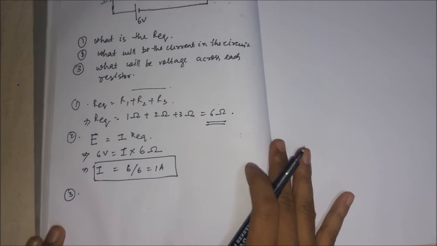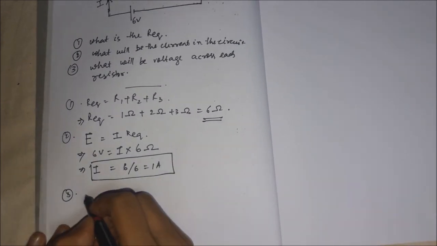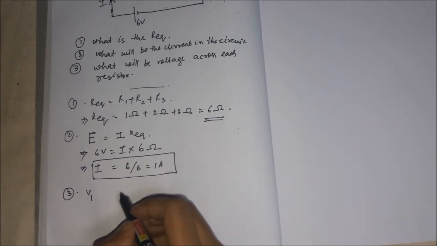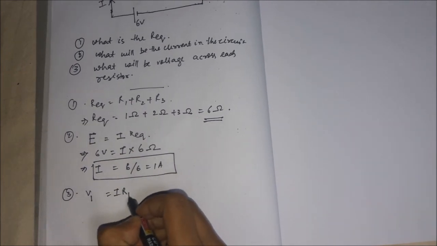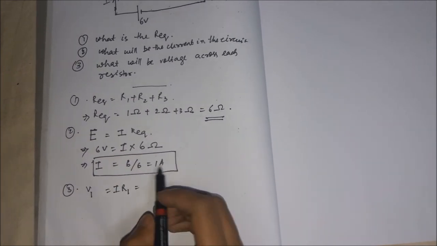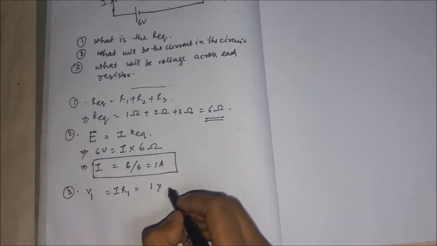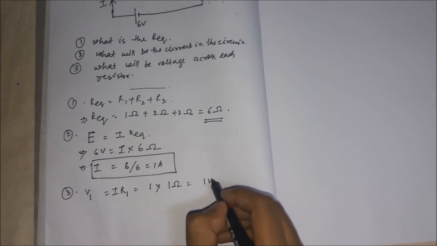Now the third question, what will be the voltage across each resistor? Voltage V1, the voltage across the resistance R1, is equal to I into R1 according to Ohm's law. So 1 into 1 ohm is 1 volt.